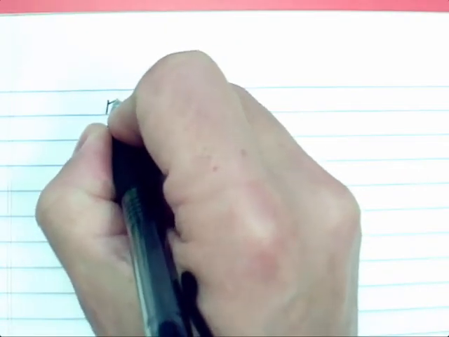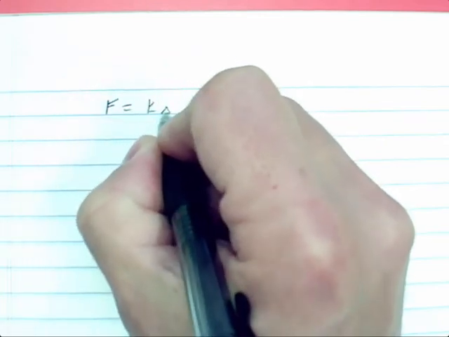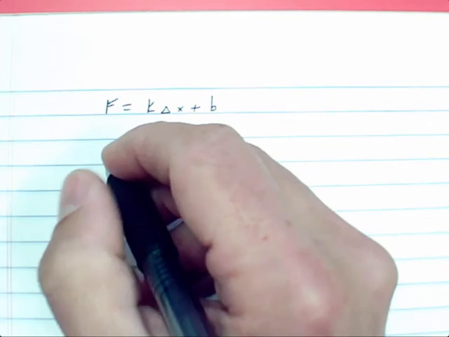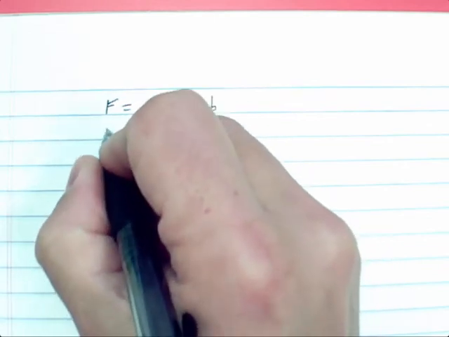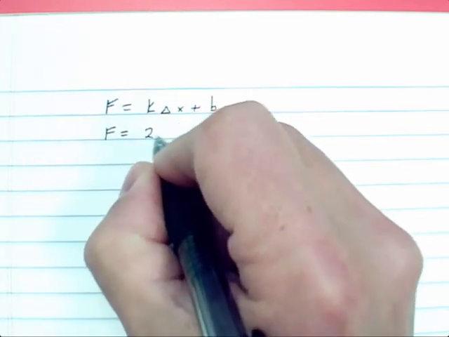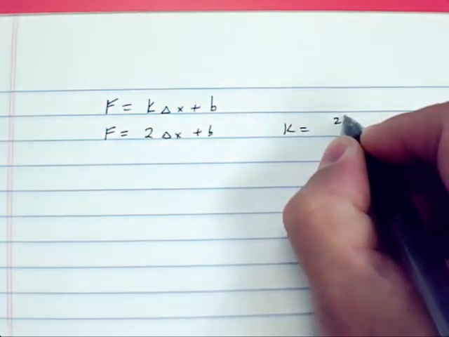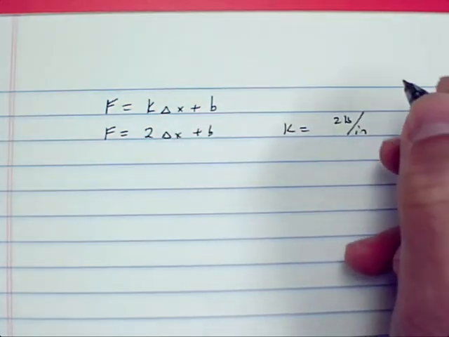Okay, so we're finishing up the spring equation, and we said that F equals K delta x plus B, but we found from doing some algebra that the force equals 2 times delta x plus B, where K was 2 pounds per inch in this case.